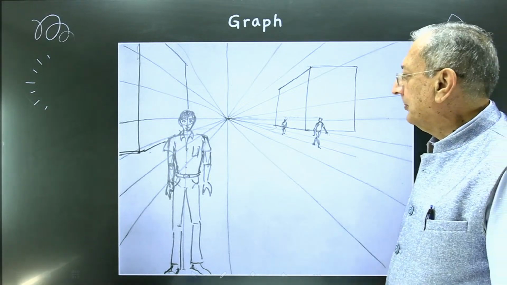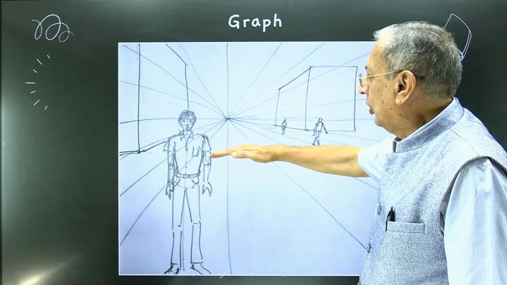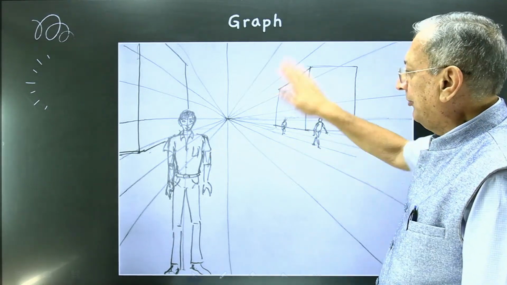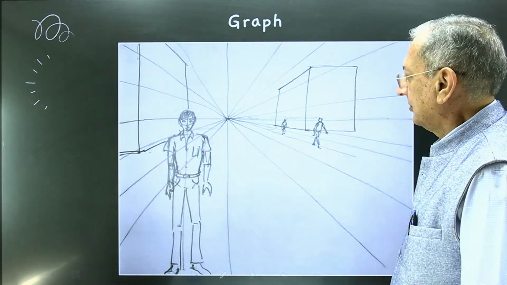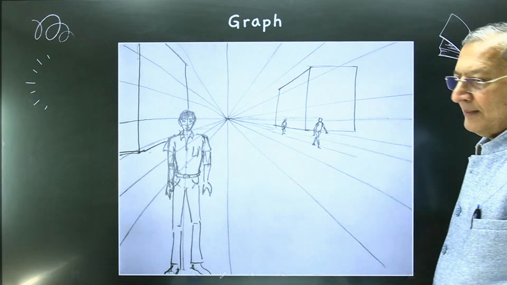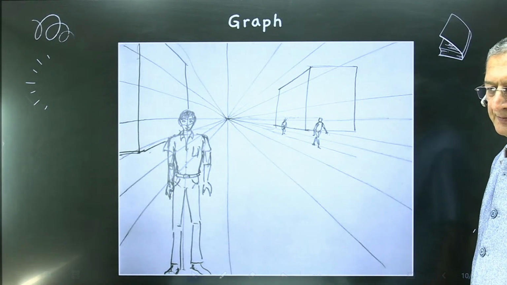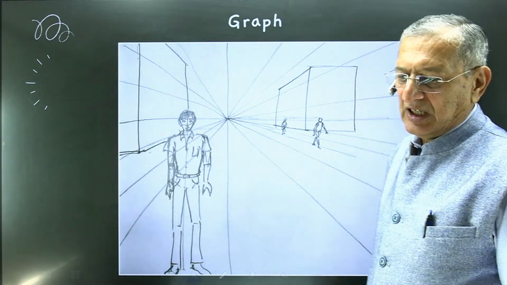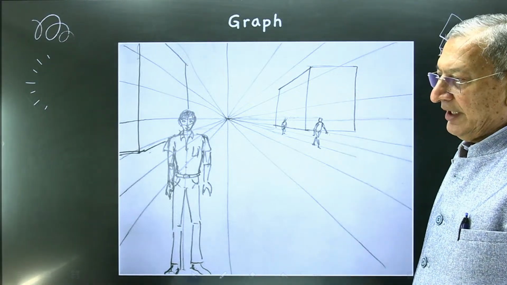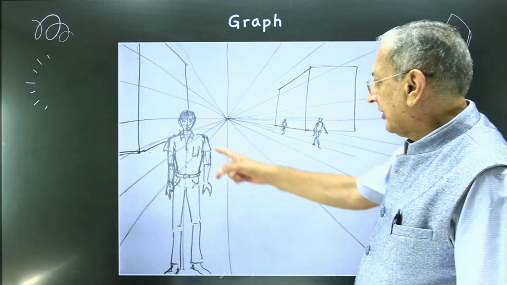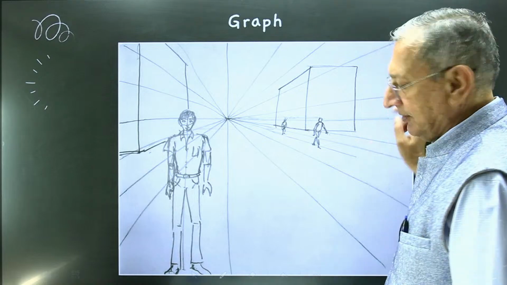First of all, a little above the middle of the paper, the space, draw a horizon. Okay? Horizon is where the sky appears to be meeting the ground in an open field. Inside a room, it will be the eye level.